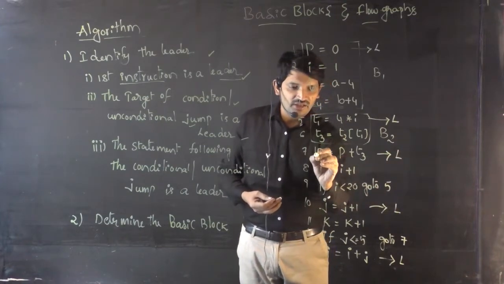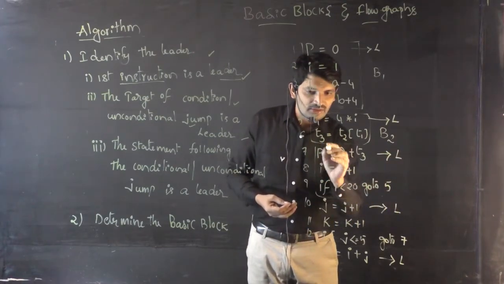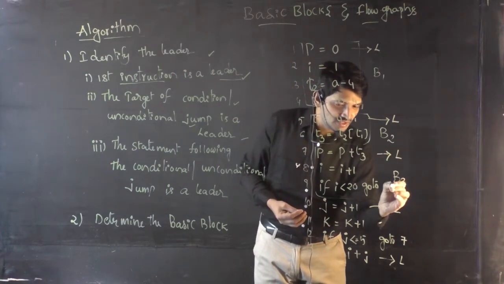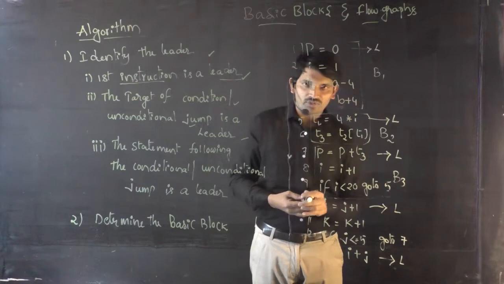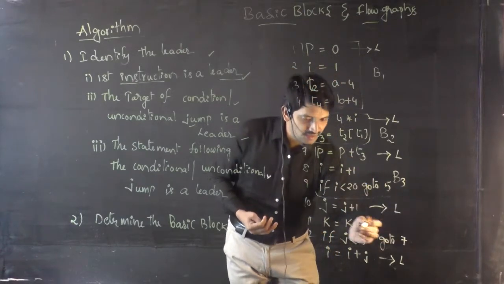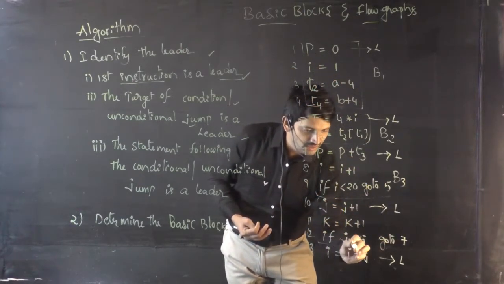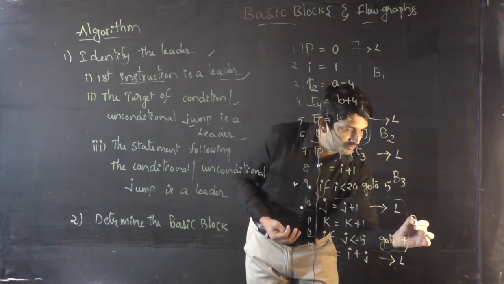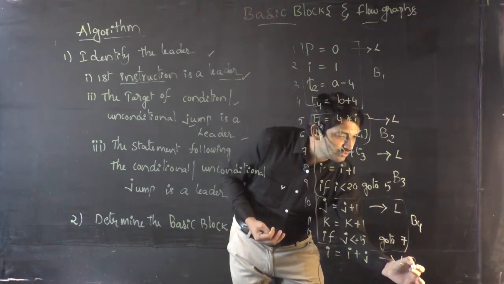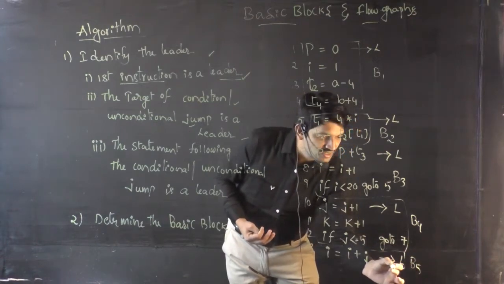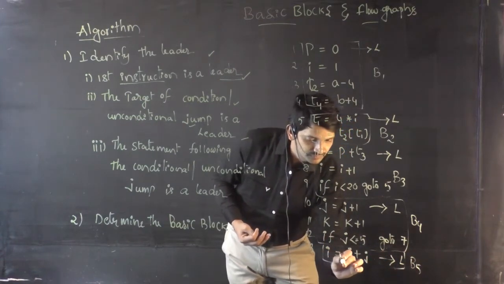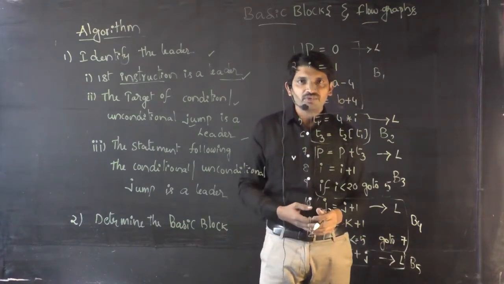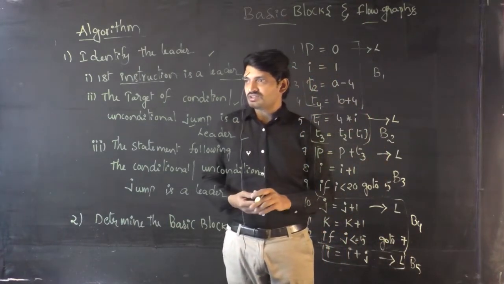Until the next leader, the next block is B3. Now here is another block, B4, and the final one is B5. So totally 5 blocks.